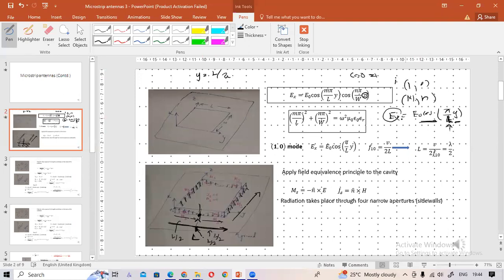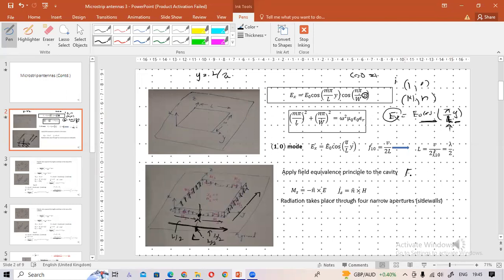So π L, now Y is L divided by 2, the 2 goes down, L is constant, and L cancels out. You will have π divided by 2.